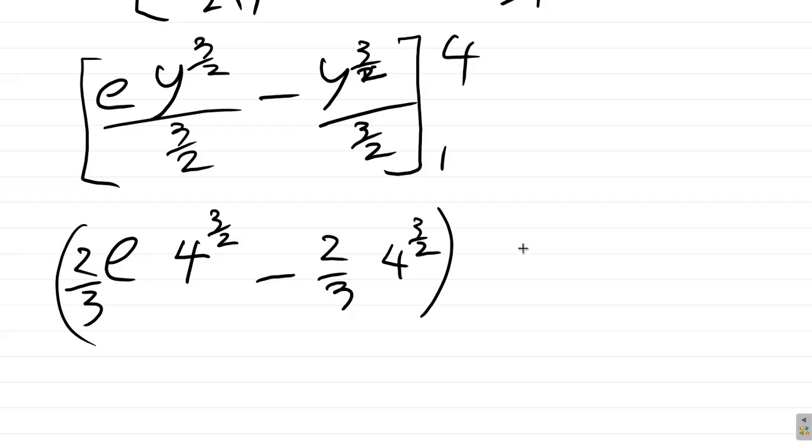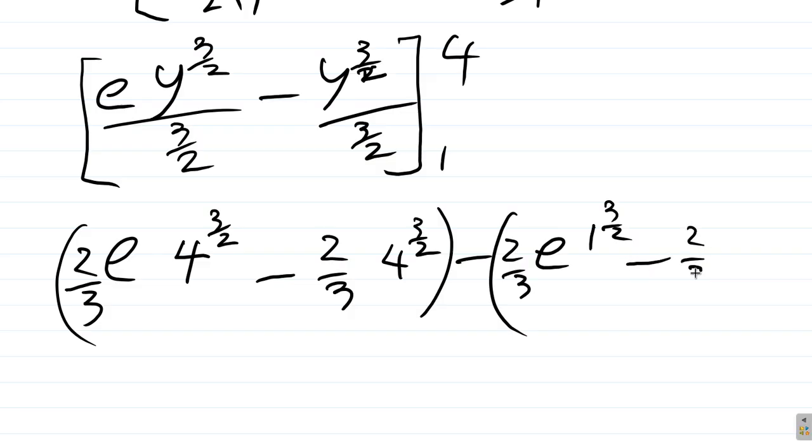That's one part, the upper boundary, minus substitute the lower boundary now. It's going to be 2/3 e times, well, y is 1, so it's 1 to the 3 over 2, minus 2/3, y is 1, so times 1 to the 3 over 2.